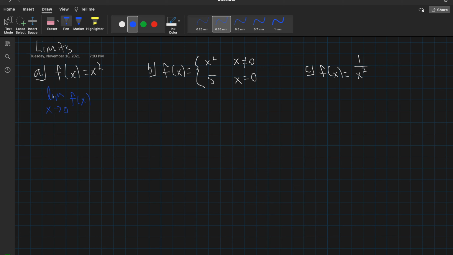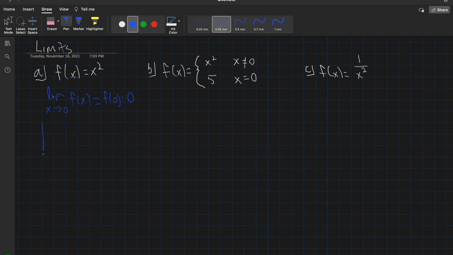So in this case, the limit as x approaches 0 of f of x is actually going to be equal to f of 0, which is equal to 0 squared, which is 0. So our limit here is 0, and it's actually equal to the value of the function itself at 0.